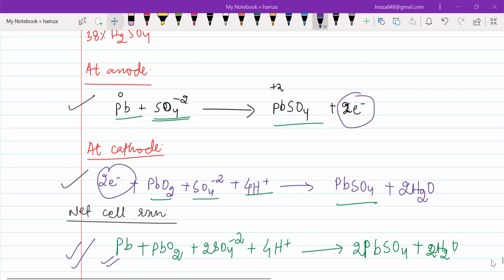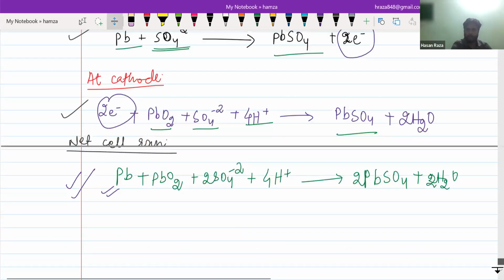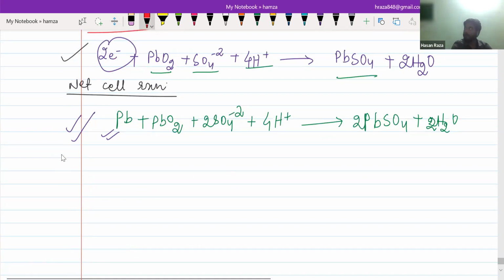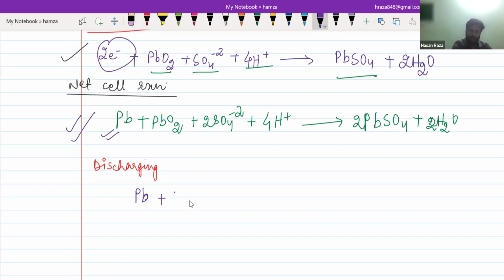Now see the discharging equation. I'm going to write the equation for discharge. So discharging equation will be same, only the difference will be Pb plus PbO2.